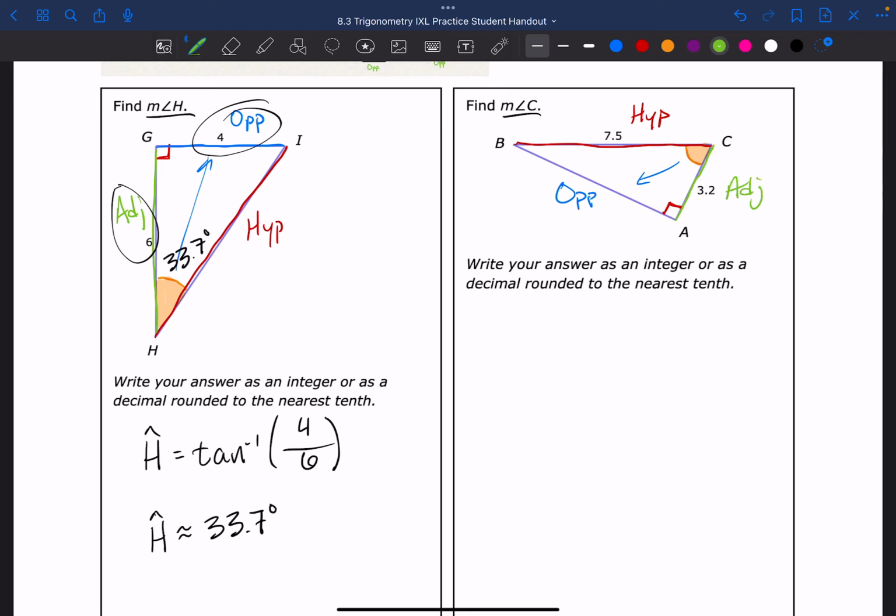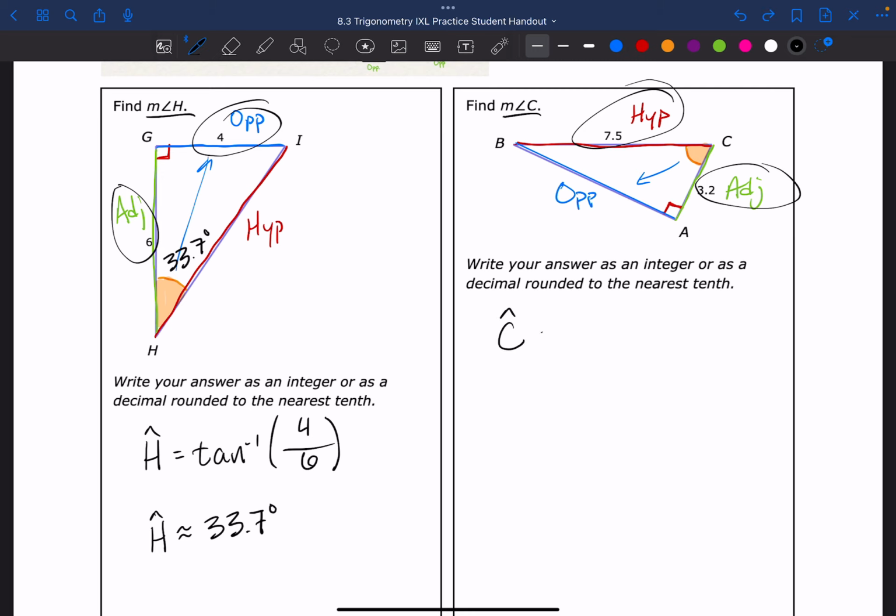This is my adjacent. I forgot to label my opposite. There we go. What information am I given? The hypotenuse and adjacent. Which one is that? That's cosine, so I'm going to use the inverse cosine to find angle C.